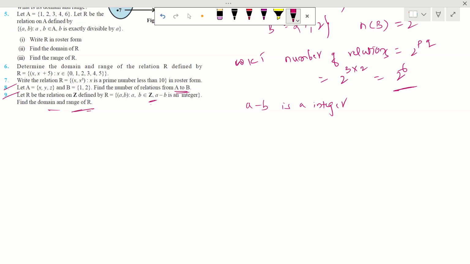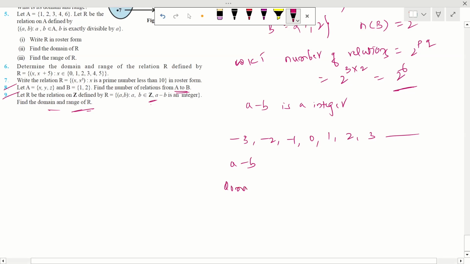Suppose the integers include the negative values minus 3, minus 2, minus 1, 0, and it also contains the positive numbers 1, 2. If you put a minus b, we get infinitely many numbers, so the domain and range values are integers only.